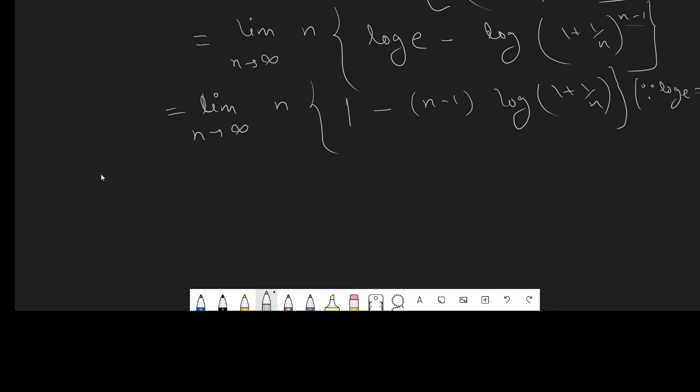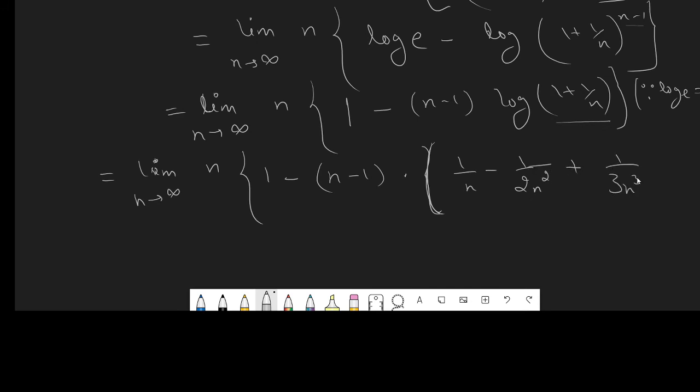Okay, so it will be equal to limit n tends to infinity of 1 minus (n minus 1) times (1 by n minus 1 by 2n squared plus 1 by 3n cube minus dot dot dot).